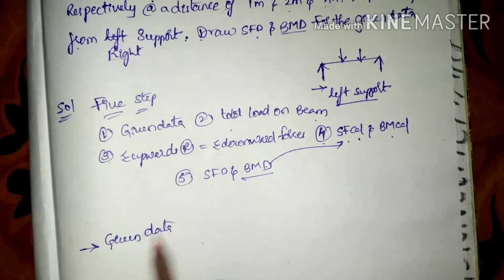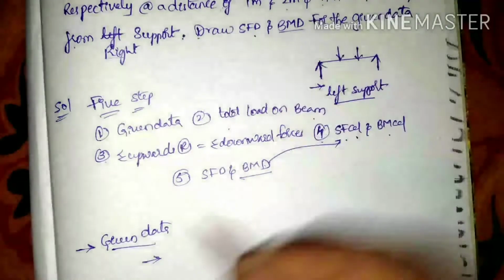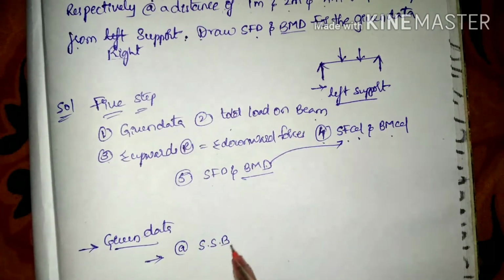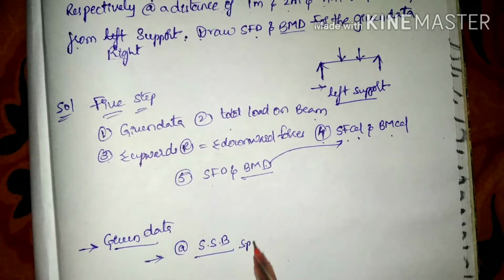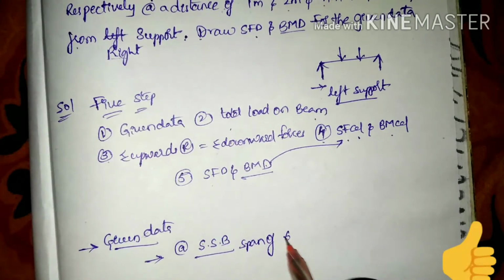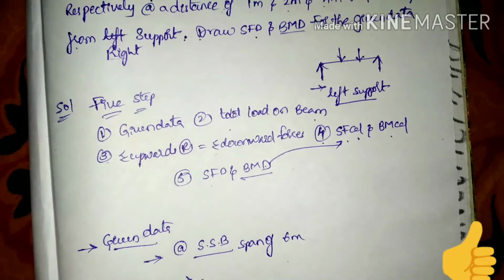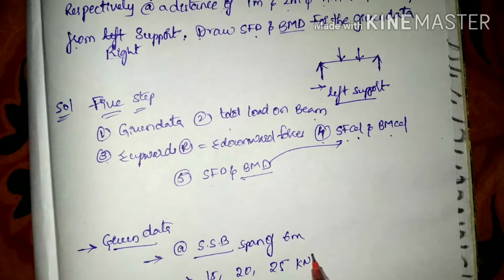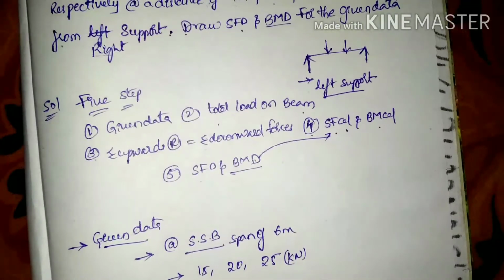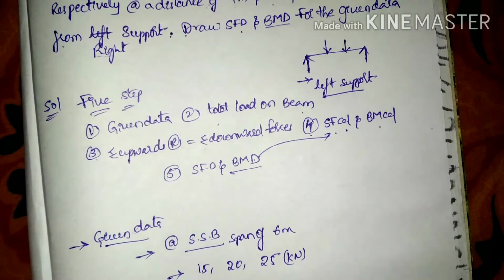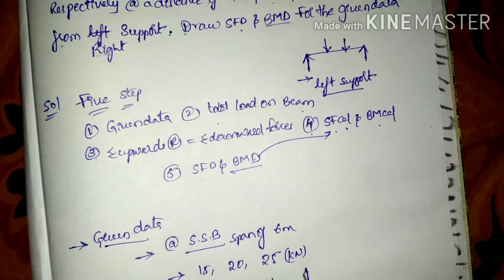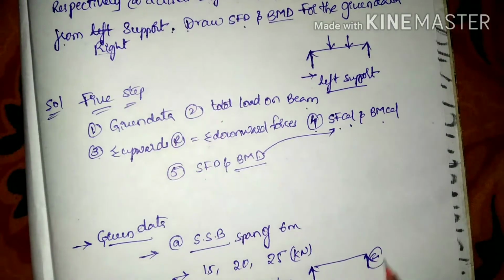Here let us go for the given data. As already discussed, in the question we have a simply supported beam with a span of 6 meters and point loads of 15, 20 and 25 kN at 1 meter, 2 meters and 4 meters from the right support.